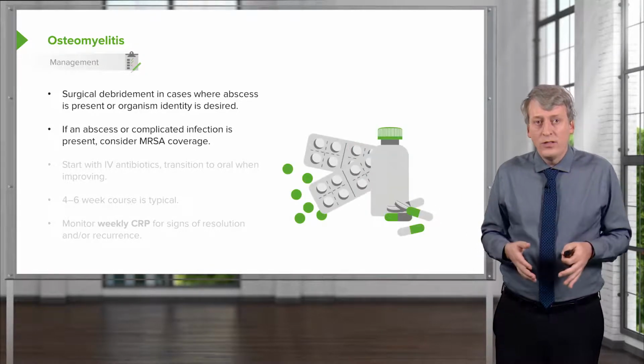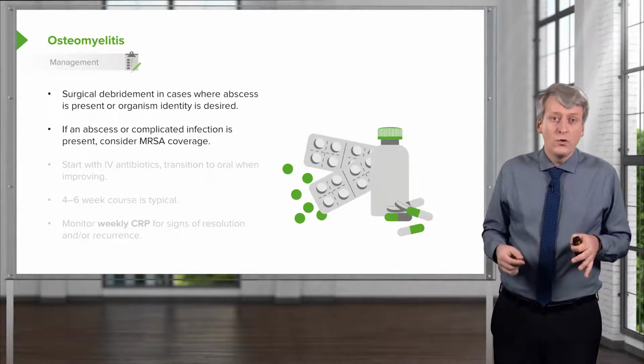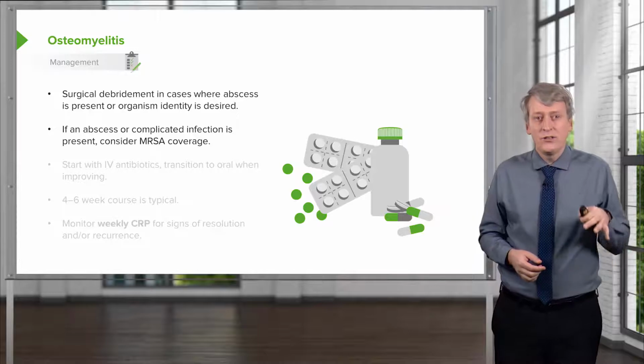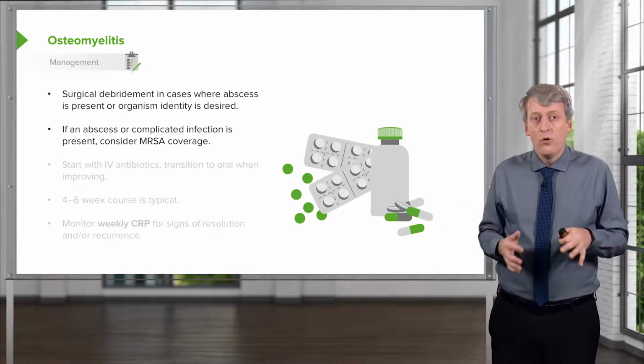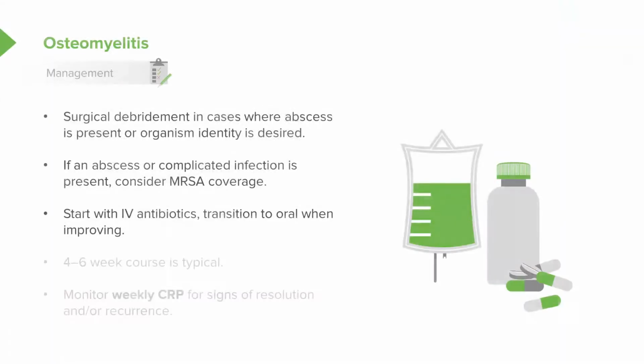If there's an abscess or a complicated infection, we not only might do surgery, but we also might consider empirical MRSA coverage, such as clindamycin, as opposed to treating empirically at first shot with something more narrow coverage, like a first-generation cephalosporin.